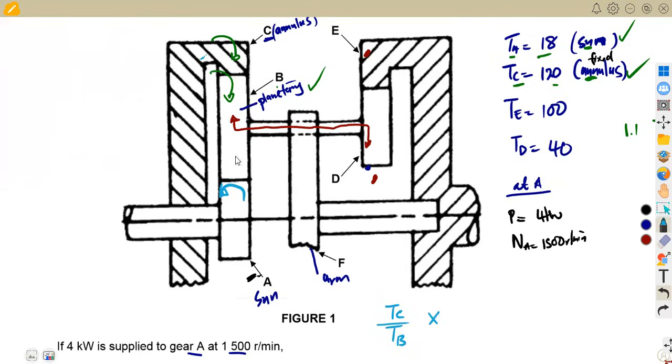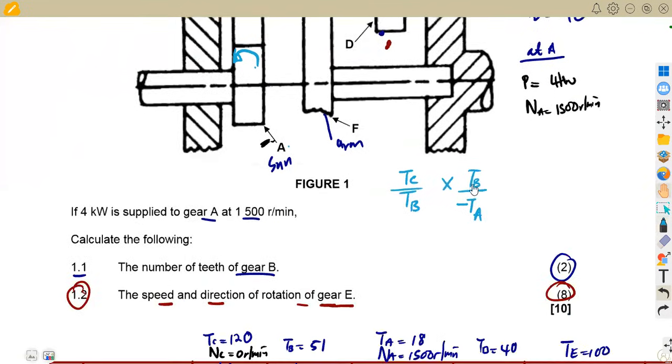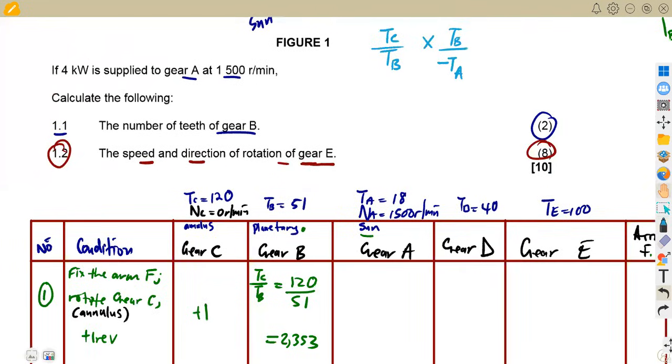So we're going to multiply now the sun driving the planet. The planet is clockwise, which is TB, but the sun in the anti-clockwise is going to be minus the sun, A, which is minus TA. So this is what you're going to have at the end. We have TC over TB multiplied by TB over minus TA. As you can see, the TB and the TB cancel, and we remain with TC over minus TA.